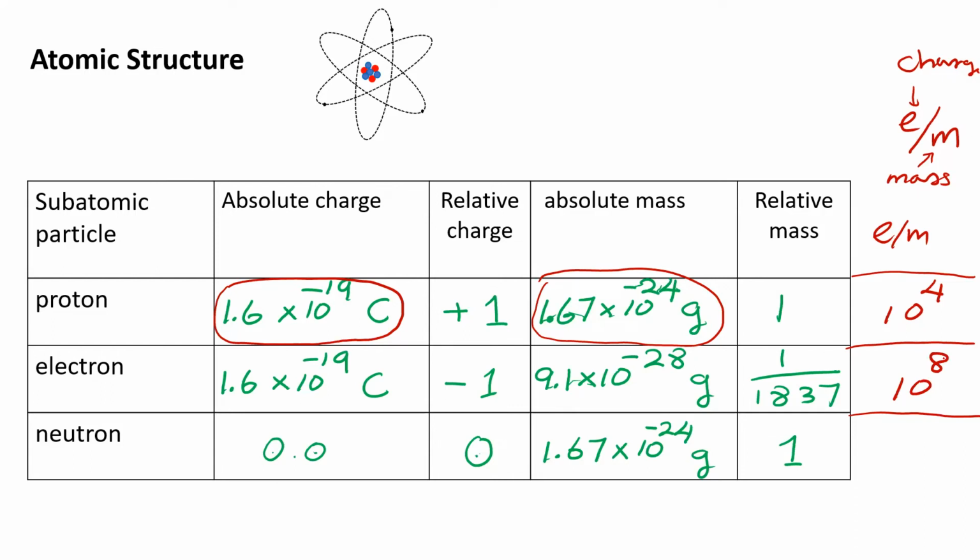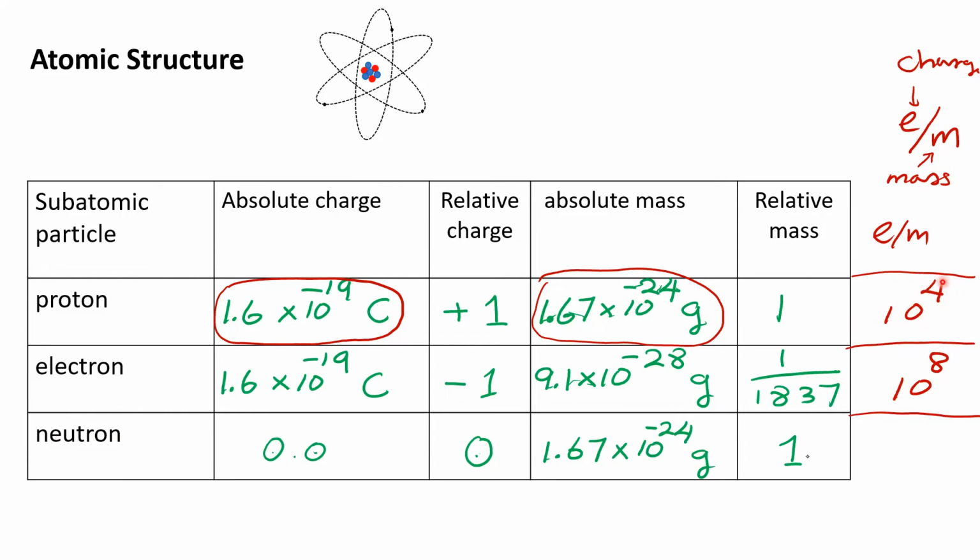Now, do you understand why the electron ended up with a larger e/m ratio? You can see the electron has 10 to the power 8 as the e/m ratio, whereas the proton has 10 to the power 4, meaning the e/m ratio of the proton is small.